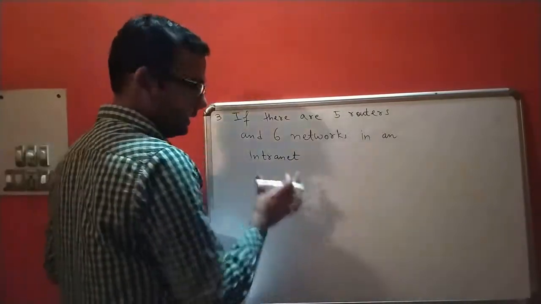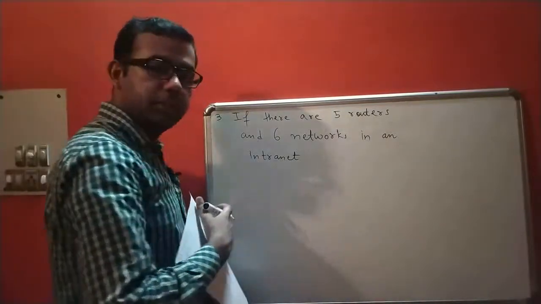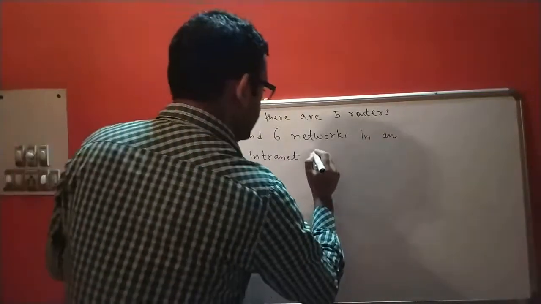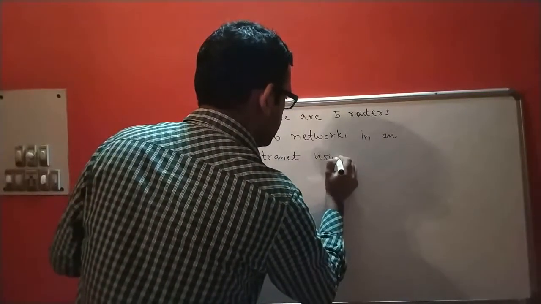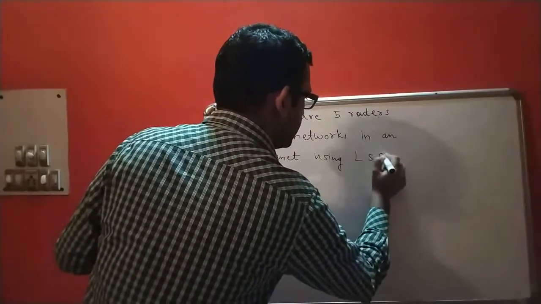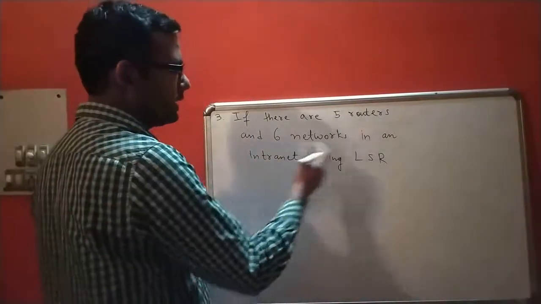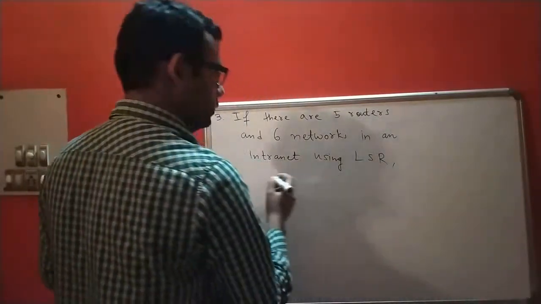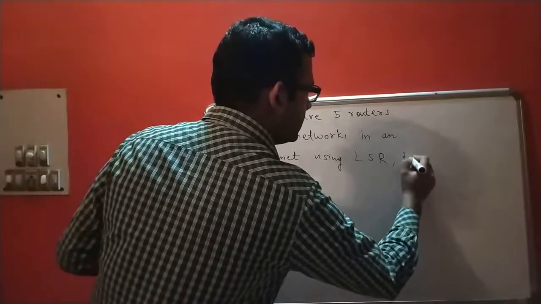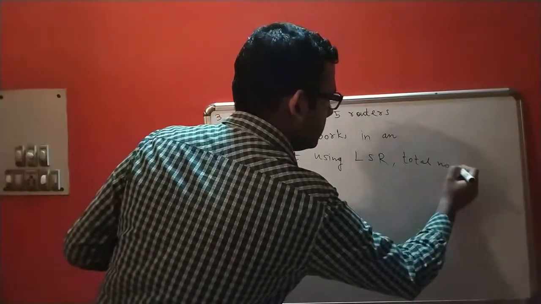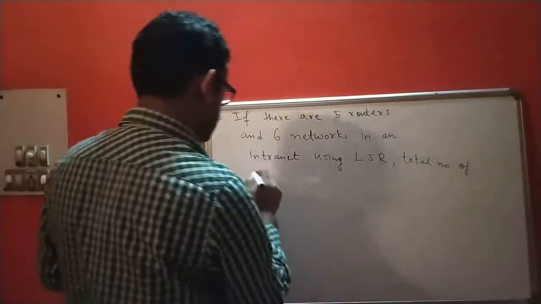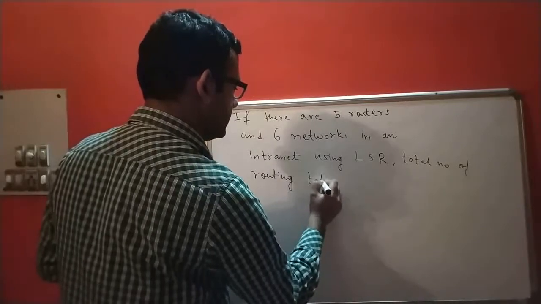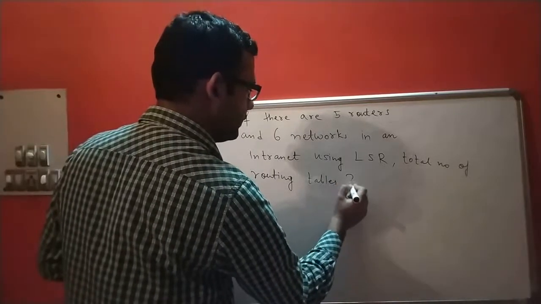An intranet is a network of devices pertaining to a specific organization. So in an intranet using link state routing, if there are 5 routers and 6 networks, find the total number of routing tables.